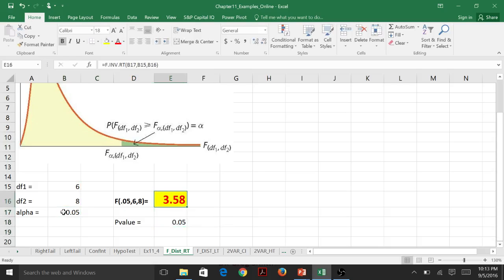So the F calculated would be F.INV, looking into the right tail. We've had t, norm, chi, all where INV gives a value and DIST gives the probability.